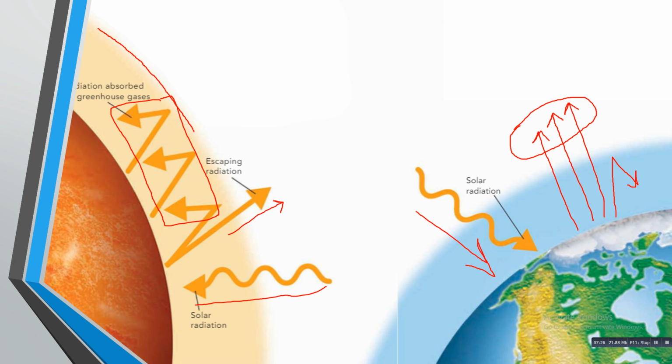Naturally, the Earth's atmosphere has a controlled amount of carbon dioxide, which allows most of the heat to escape and only the required amount to be absorbed into the atmosphere.